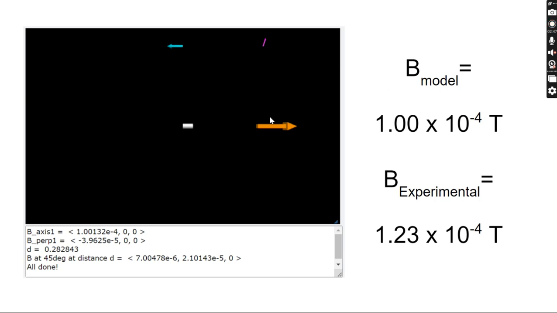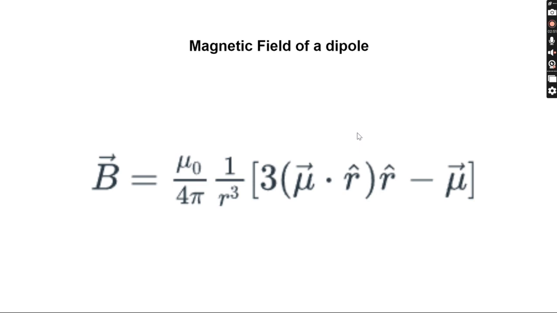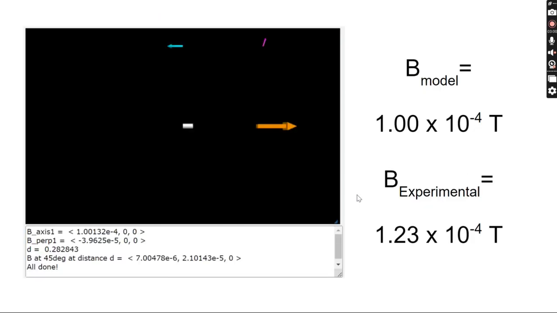Now, computationally, the code was very straightforward. It just involved bringing this formula and calculating it based off the dipole moment we found experimentally, and various different r vectors depending on where we were in space. And this computational model was actually fairly successful.